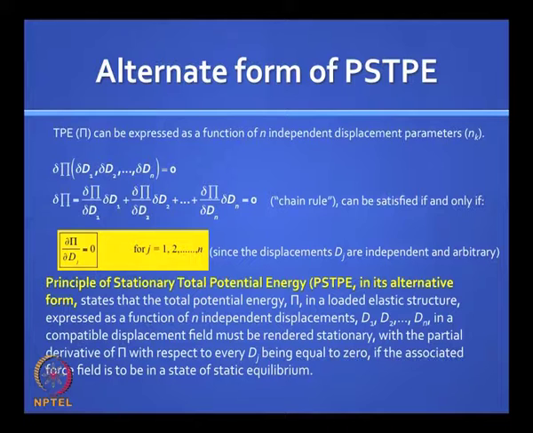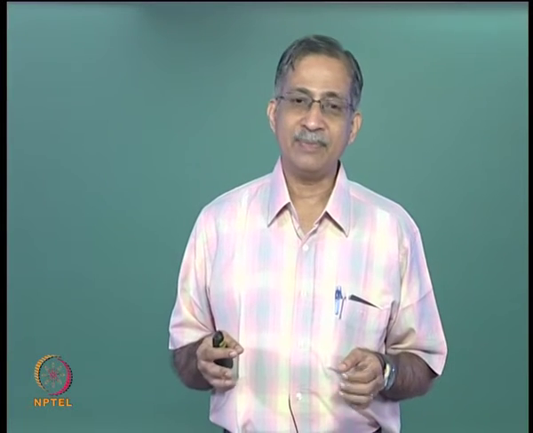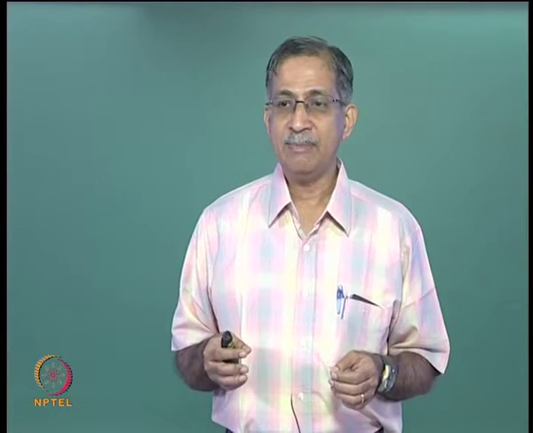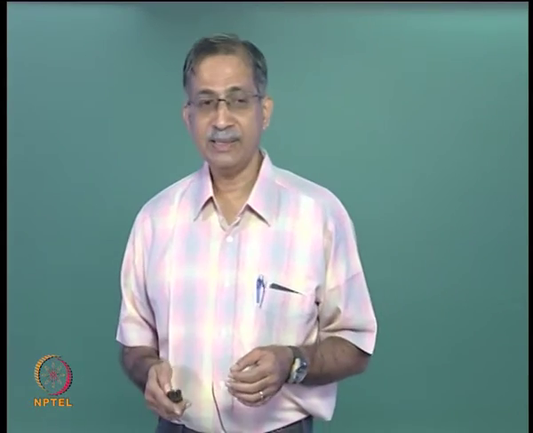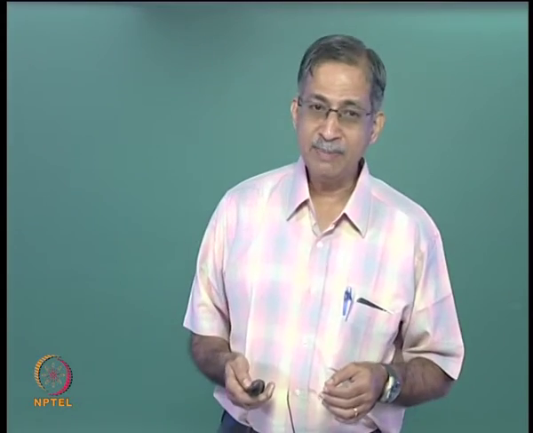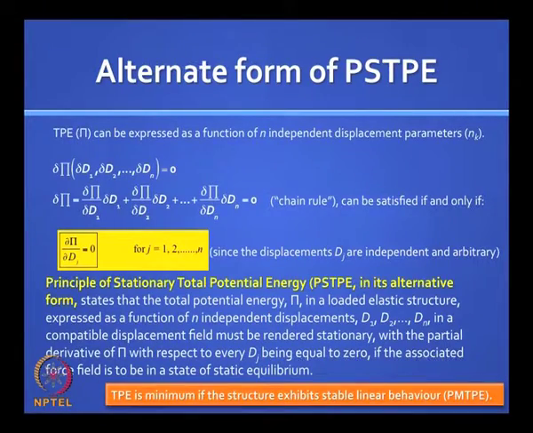It could also be a maximum point, it could also be a minimum point of the function for which you are taking the partial derivative. Now it can be proved if you have a linear elastic stable structure, then the stationary point refers to a point of minimum energy. So in that form it is more popularly known as the principle of minimum total potential energy, right? It's PMTP.